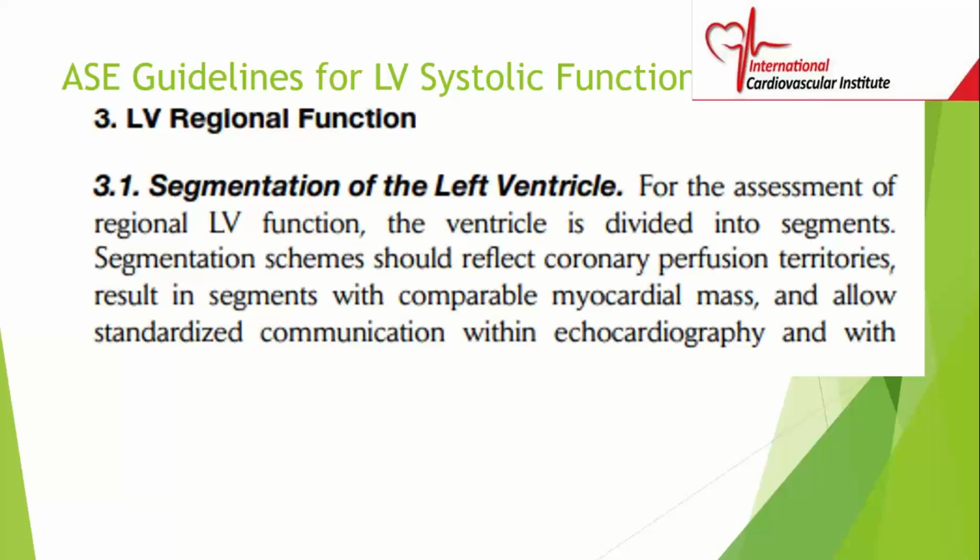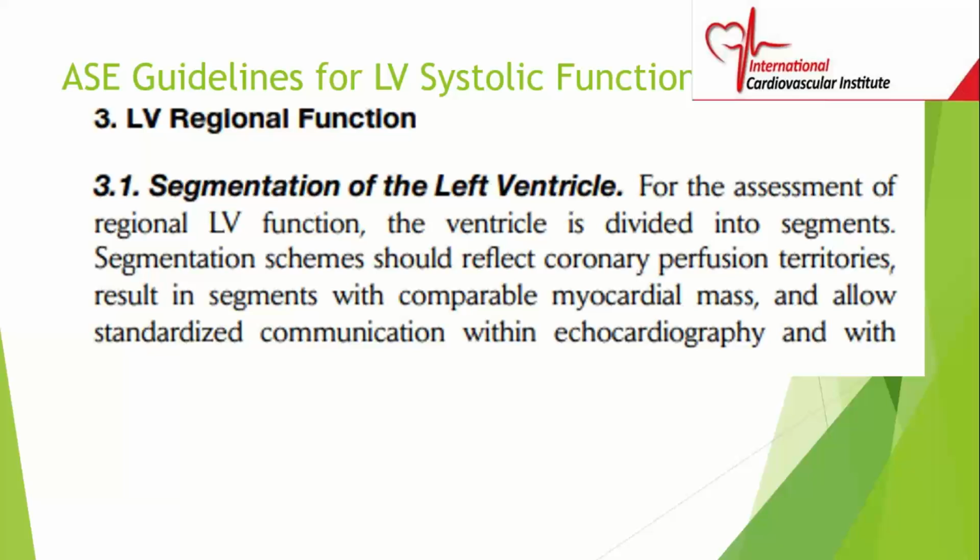And what we do when we look at a segment, we classify it as normal or abnormal. If it's normal, that means it has normal thickening and normal motion. If it's abnormal, then we talk about hypokinesis.